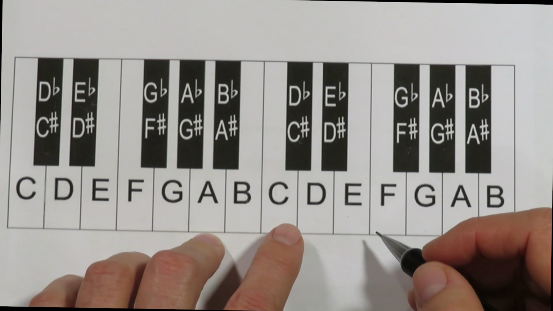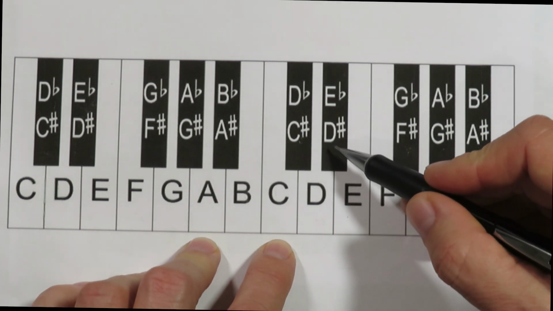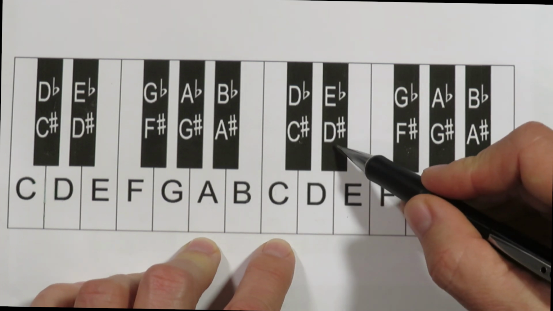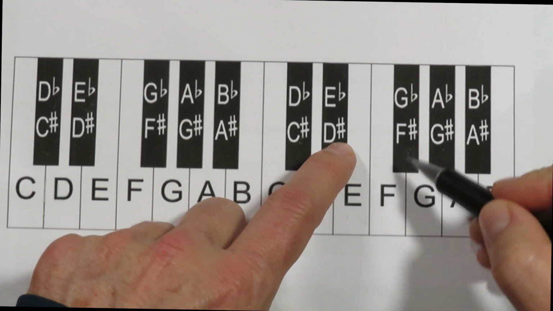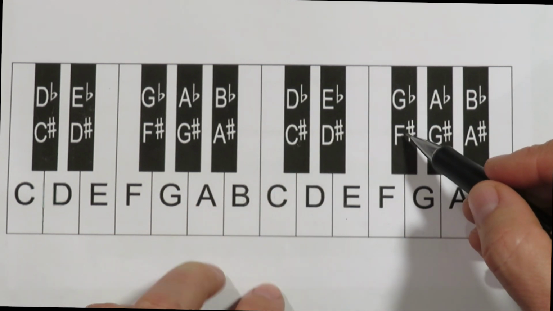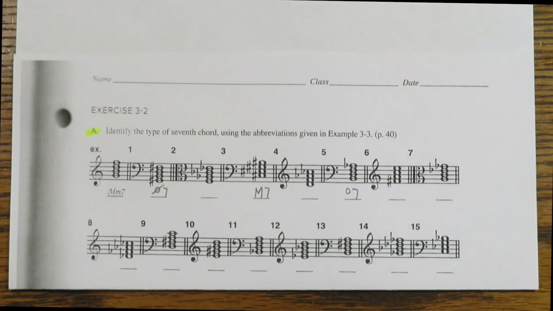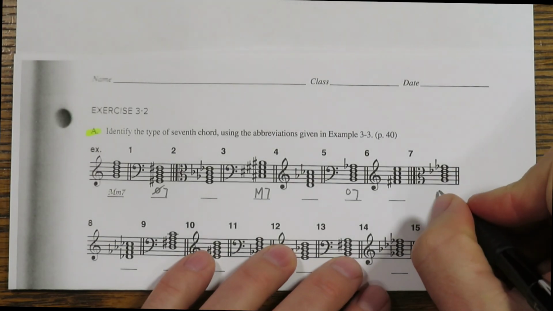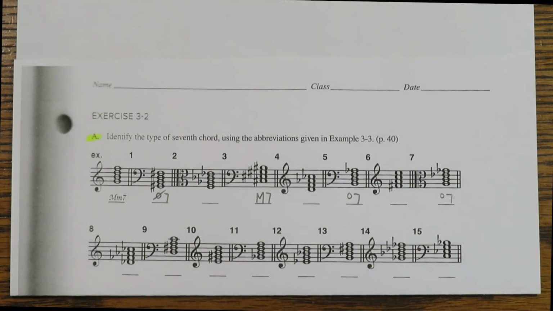So we have A, C, minor third, E flat, another minor third, to G flat. 1, 2, 3 half steps, also a minor third. So it's another fully diminished 7th. Okay.